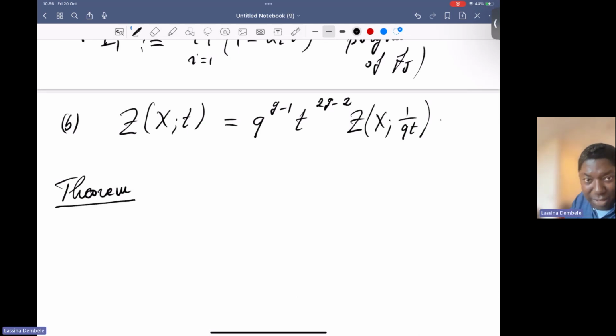The first theorem is related to an Abelian variety.